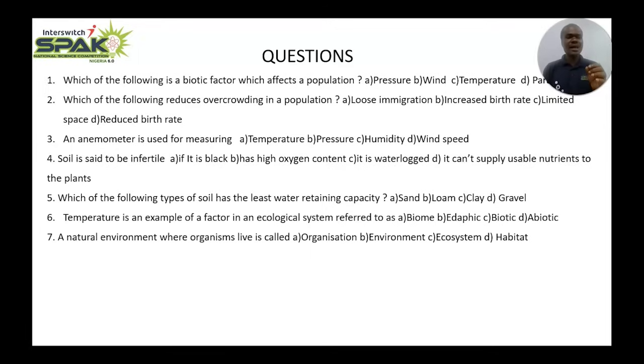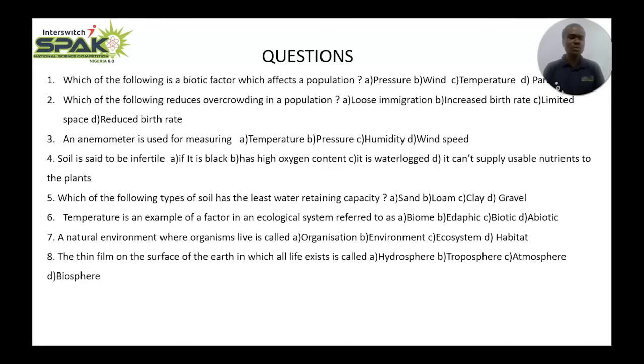A natural environment where organisms live is called dash. A, organization. B, environment. C, ecosystem. D, habitat. The habitat is a place where an organism lives.